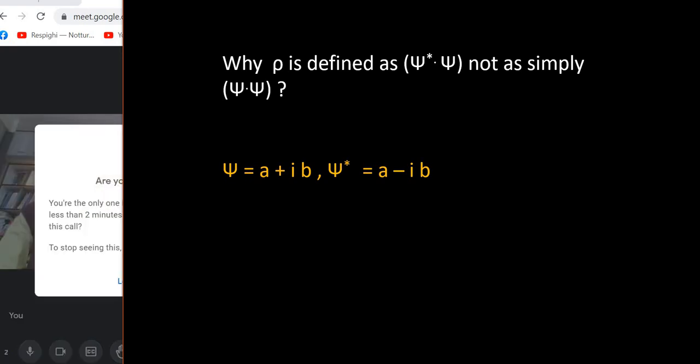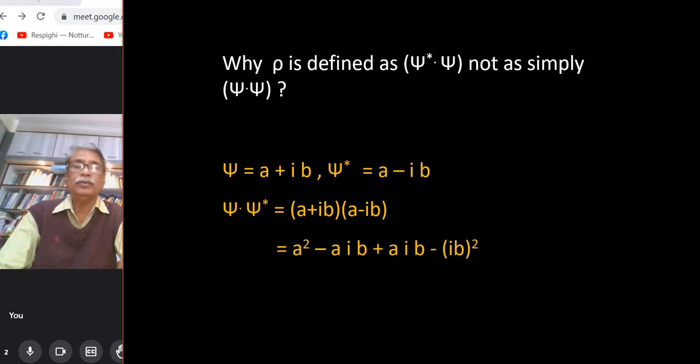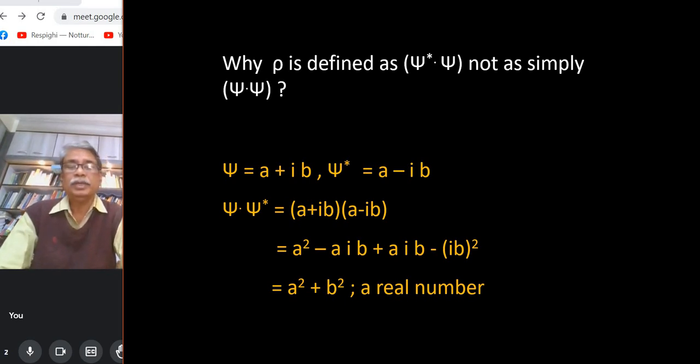If you take psi star, it would be a minus ib. The product of a plus ib into a minus ib, you see, is a real number: a square plus b square, where a and b are real constants.